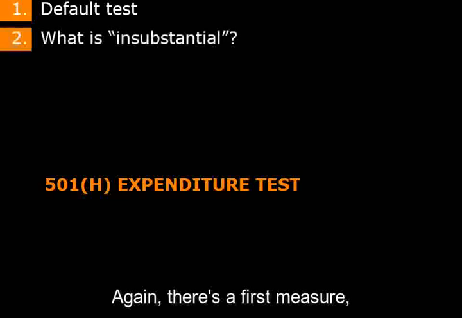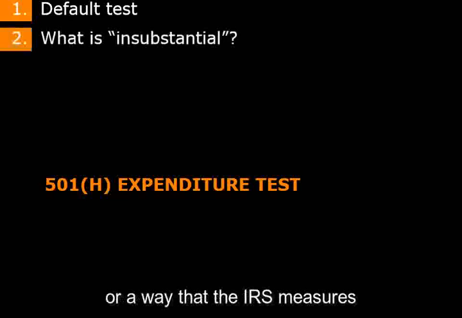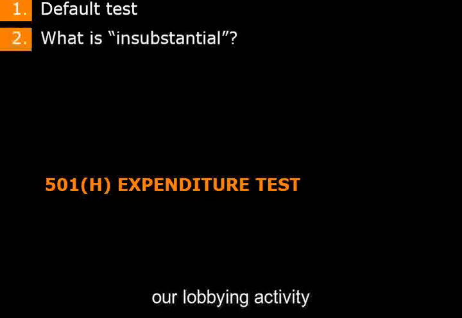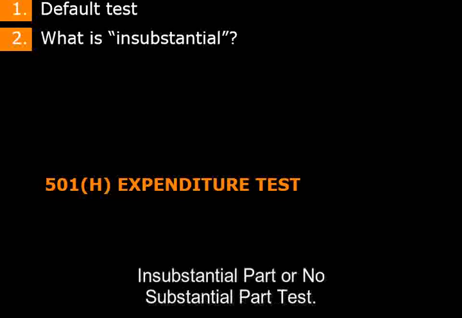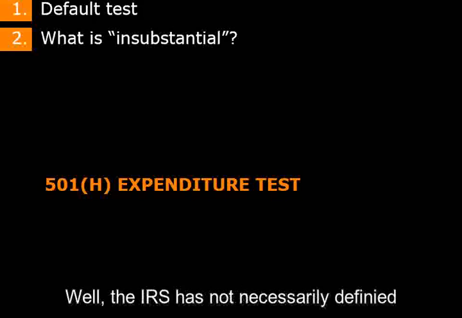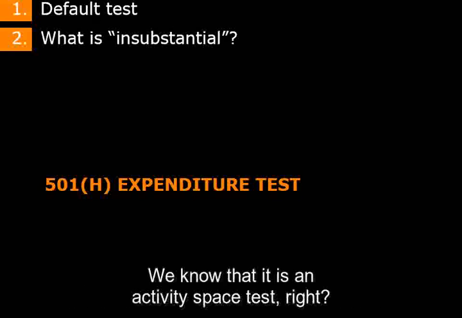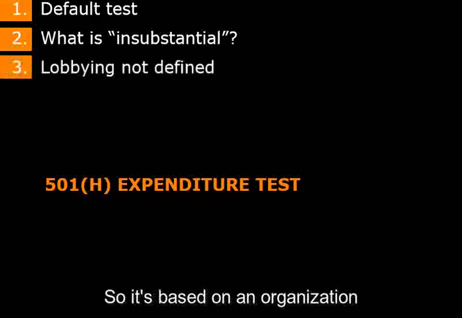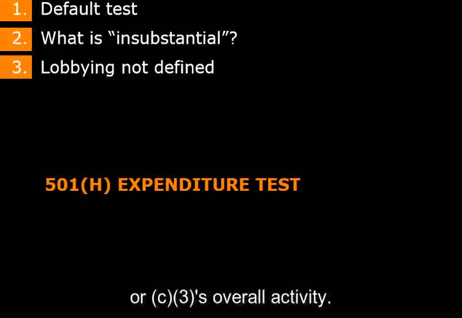The first way that the IRS measures our lobbying activity is through this default test. Now, the problem with that test is the question of what is insubstantial. The IRS has not necessarily defined what insubstantial is. We know that it is an activities-based test, so it's based on an organization's overall activity.